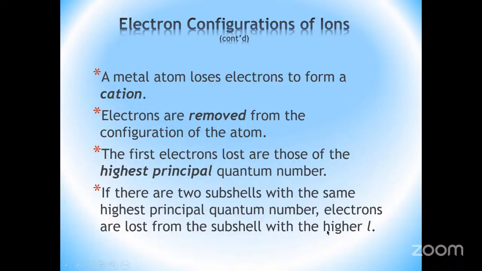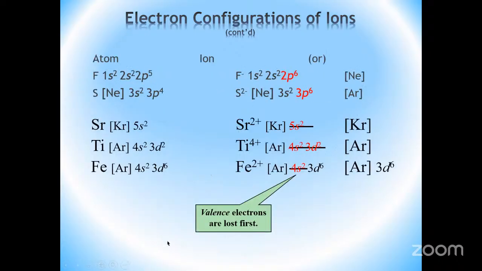All right. So for example, if you have electrons in s and p subshells in the same shell, then in terms of removing electrons, you start removing electrons from the p subshell first before you remove electrons from the s subshell. All right. So just some examples here. The first 2 are examples of the formation of anions. In the case of fluorine, this is the electron configuration.